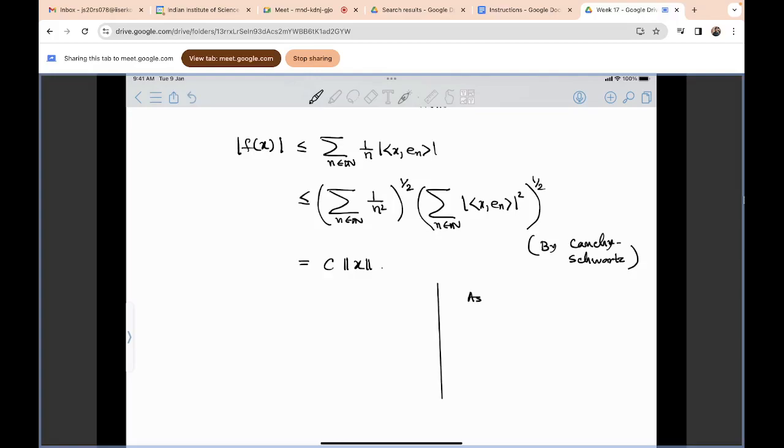As x is given by the inner products of x and e_n, and the e_n are orthonormal, the norm of x square is given by the summation over n belongs to N of the mod square of the inner product of x and e_n, as the e_n are orthogonal or orthonormal.